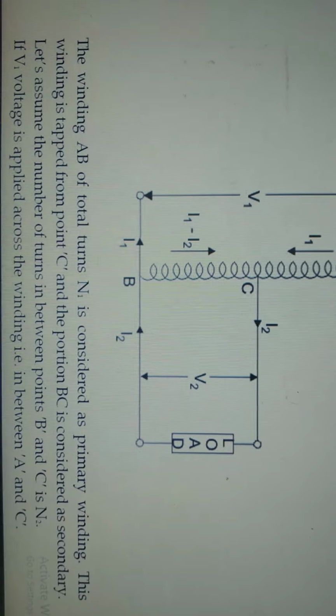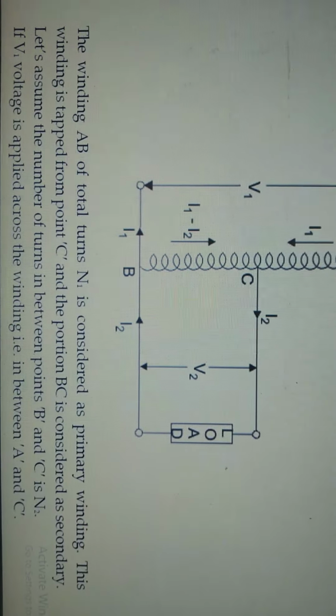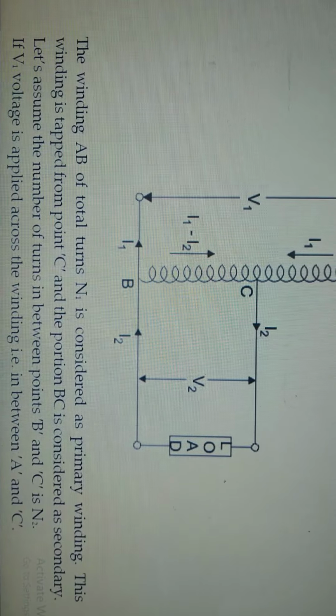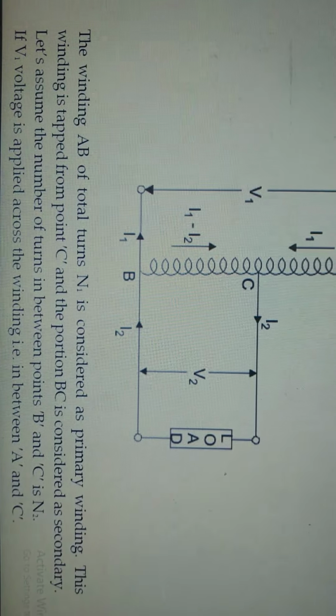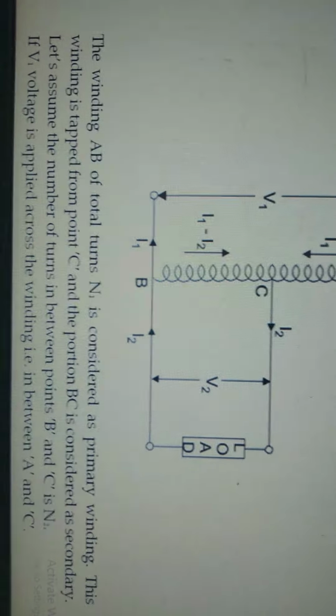You can see the details. The winding AB of total turns N1 is considered as the primary winding. This winding is tapped from point C, and the portion BC is considered as the secondary winding.